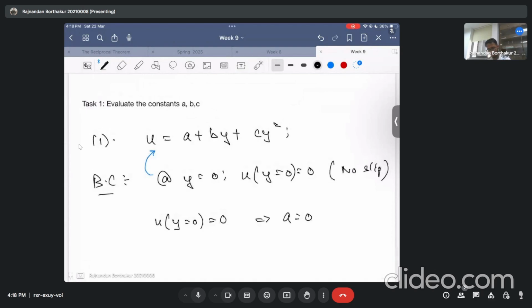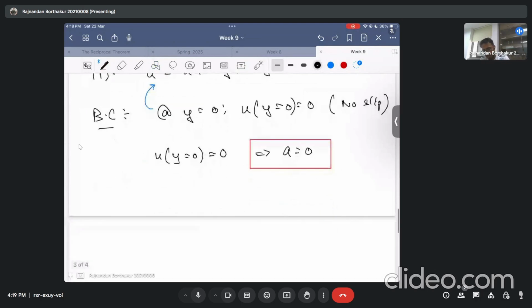This is one unknown that we evaluate from one boundary condition. On the surface of the plate, your velocity is typically equal to 0 because of this no slip boundary condition.